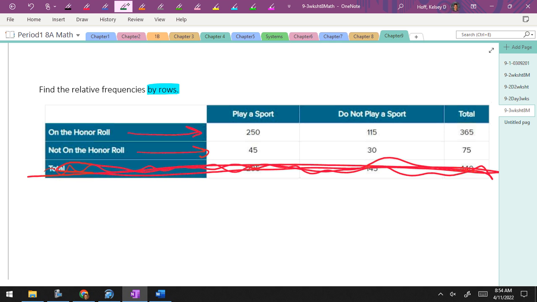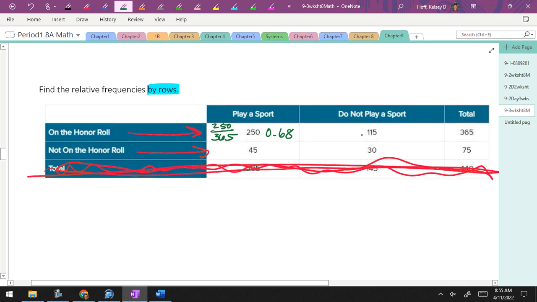Okay. What am I going to divide here? Very good. 250 divided by 365. Now we're using the total row. 0.68. Thank you. Anybody else get 0.68?